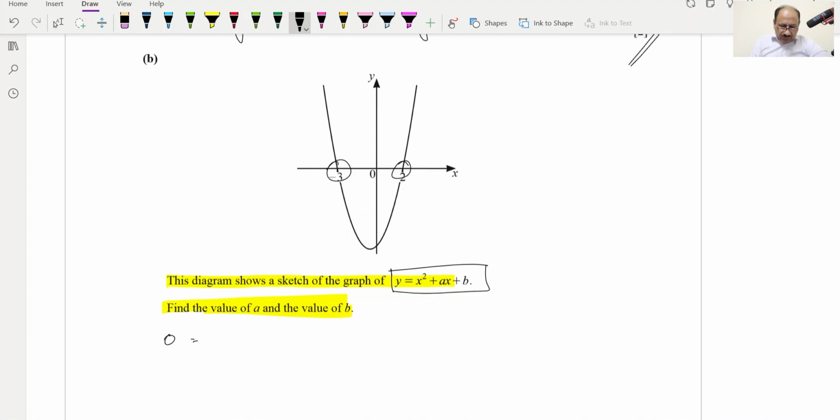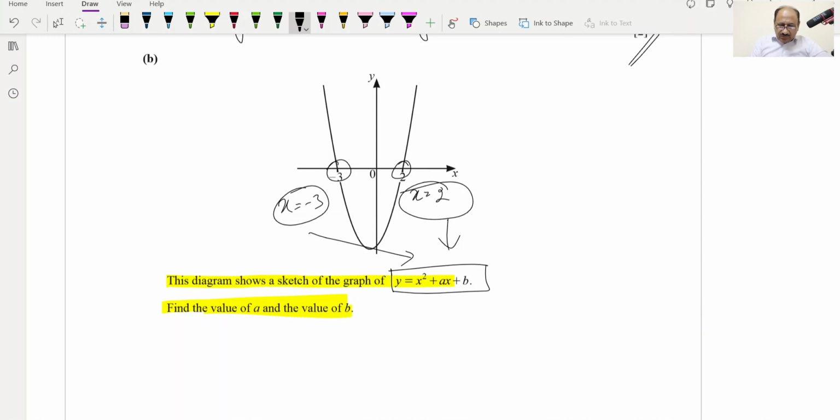We basically have x values of 2 and minus 3, so we take x is equal to 2 and x is equal to minus 3, and we will replace these values in this equation.